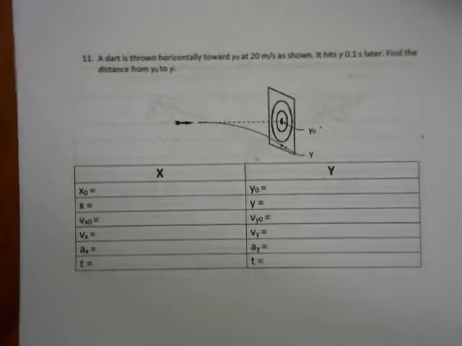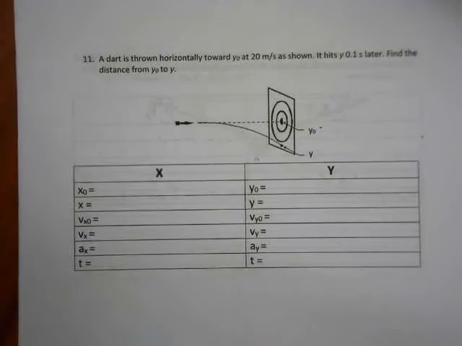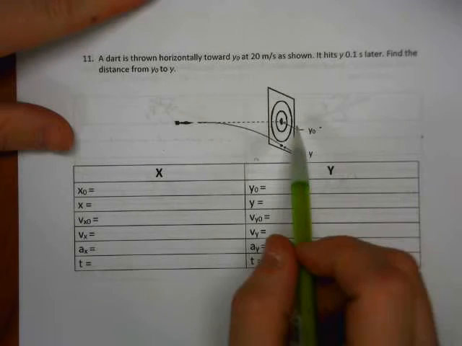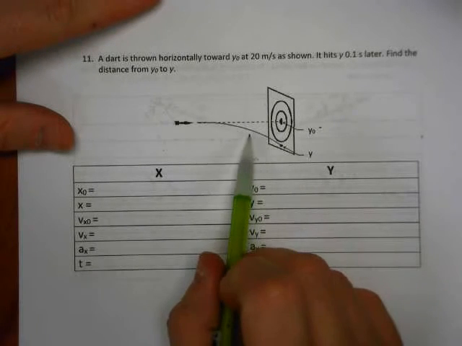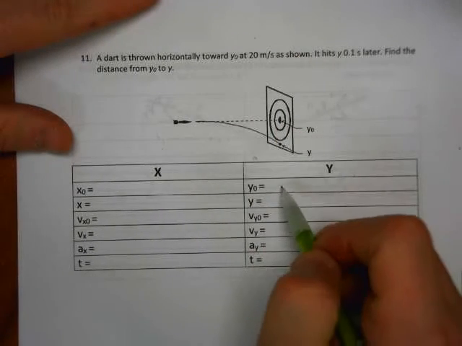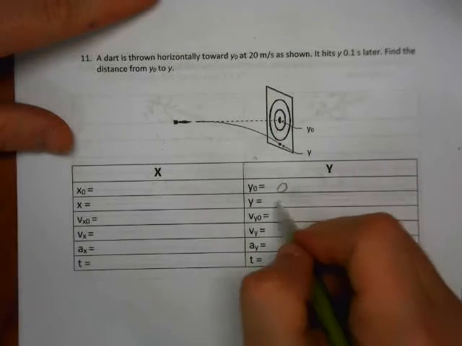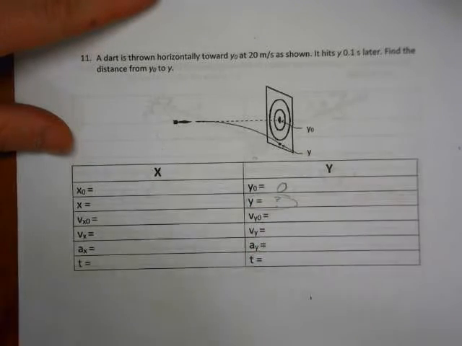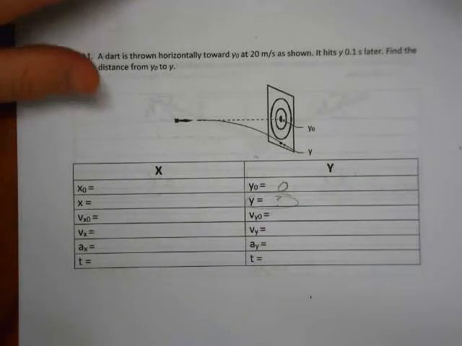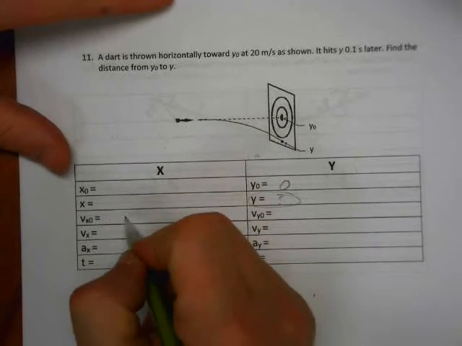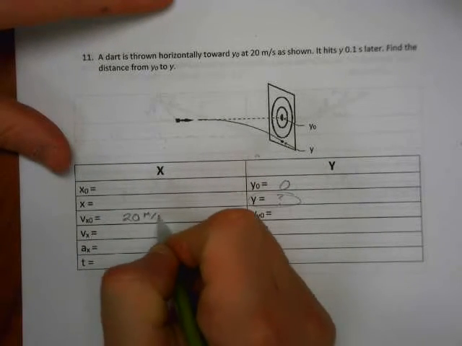Okay, so we have a two-dimensional kinematics equation here. The diagram is already drawn for you, y0 and y. So I'm going to call y0 equal to 0, and y is equal to, I don't know, we need to find that. The dart is thrown horizontally at a speed of 20 meters per second, as shown.